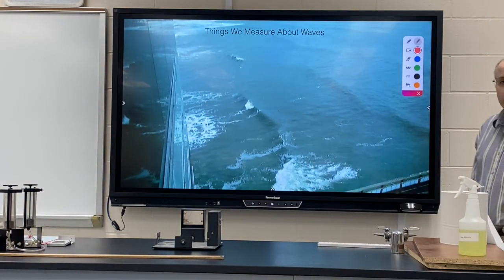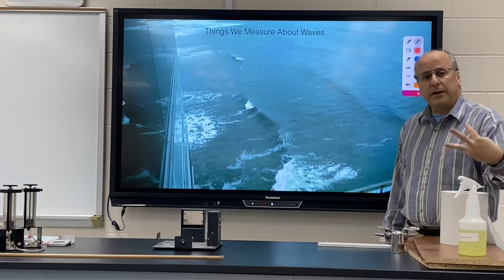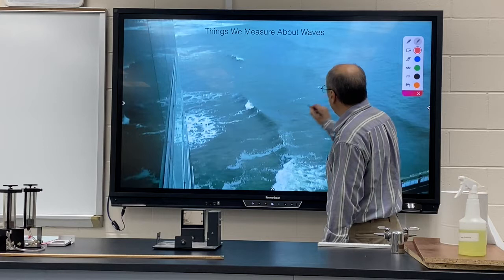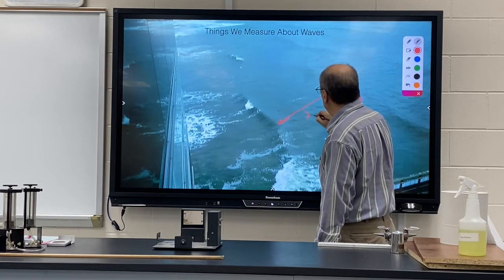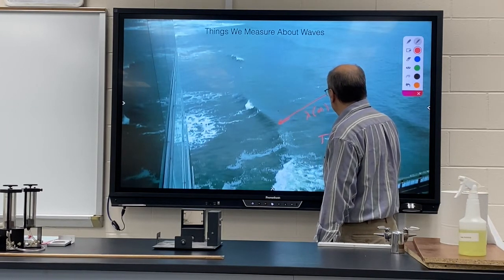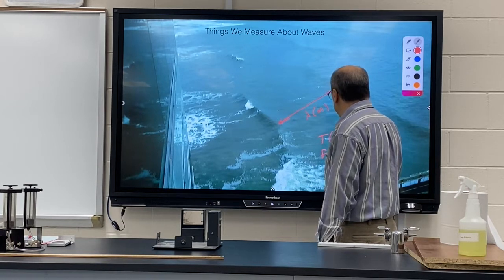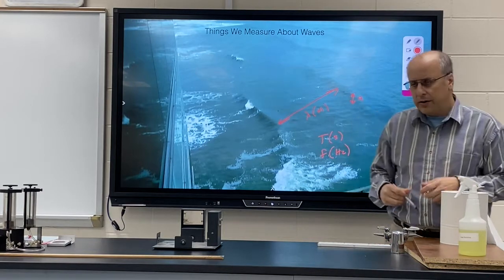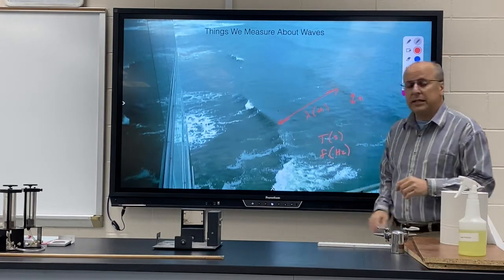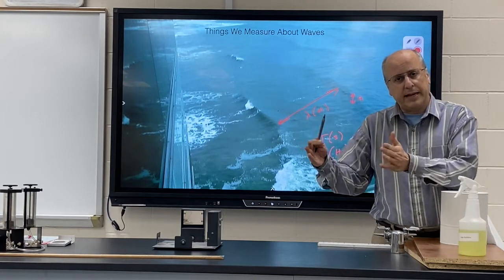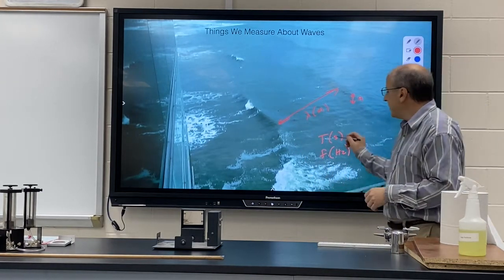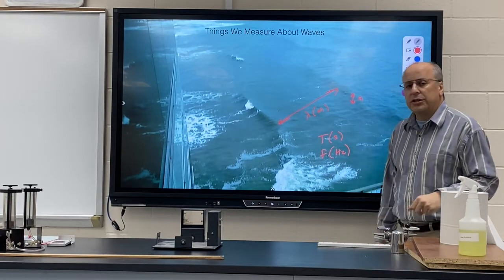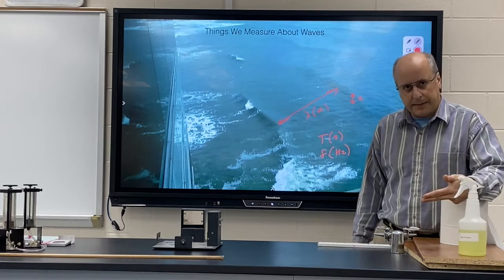Four things you need to be able to remember and use when we're talking about waves. They are the amplitude of the wave, the wavelength of the wave, the period, and the frequency. Reminder, amplitude tells you the height, the wavelength tells you the distance from one wave to the next successive wave, period tells you how much time there is in between waves, and frequency tells you the number of waves that occur per second.